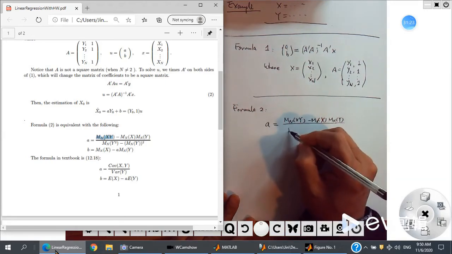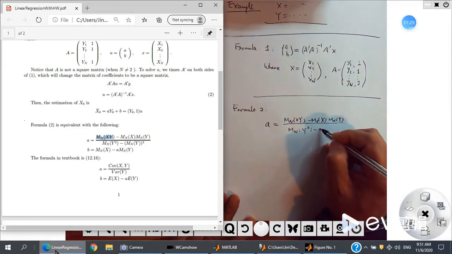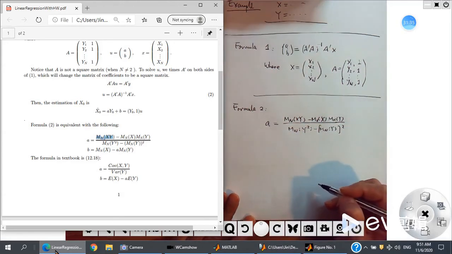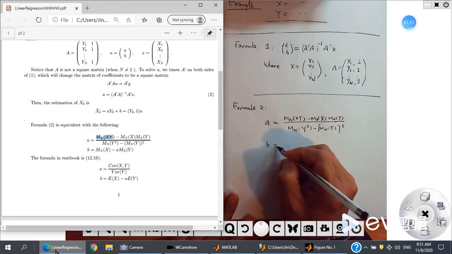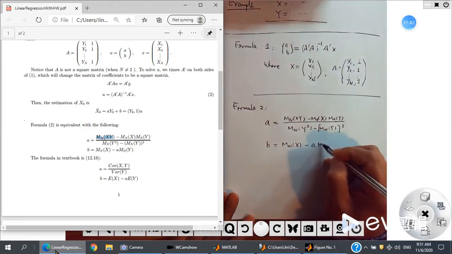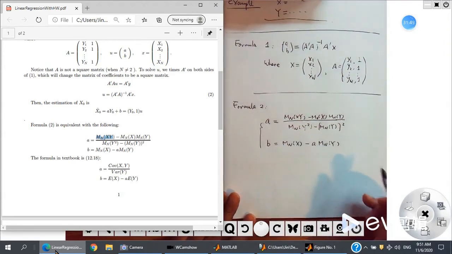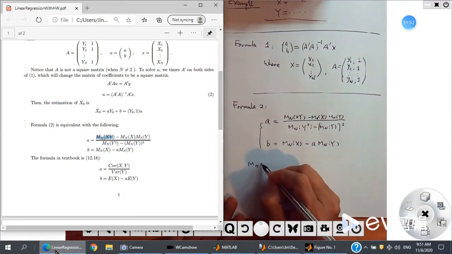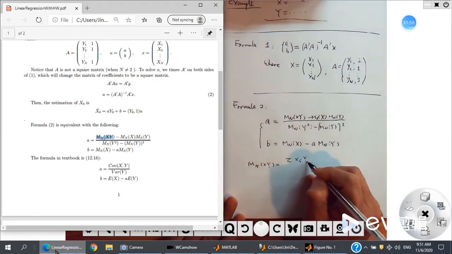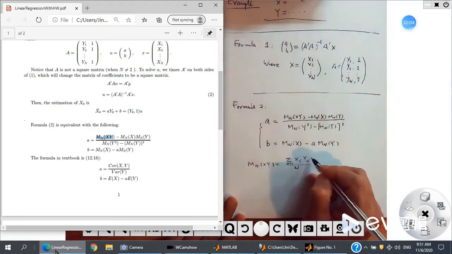And the denominator is the mean of y squared with n samples minus the mean of y with n samples, squared. After you get a, then you can have b. b is the mean of x minus a times the mean of y. We have these two formulas with n samples. Here, let me explain. M n of xy is the summation of xi times yi over n, where i runs from 1 to n.